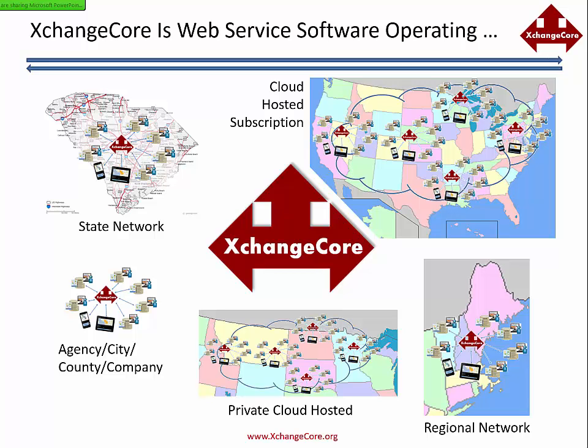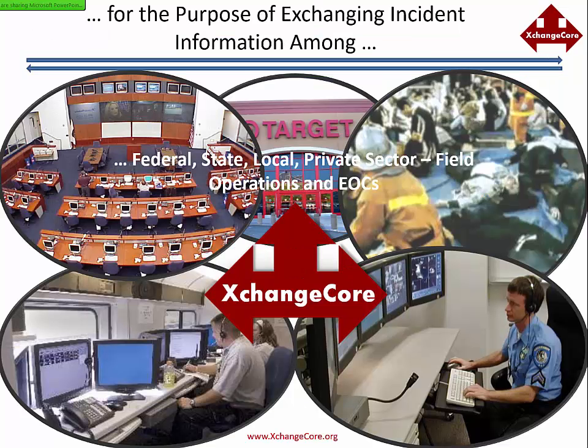And then finally, there are cloud hosted subscriptions. Companies are hosting XchangeCore, and you can be located anywhere, and it becomes a national or even a global implementation of XchangeCore. So software that serves this range of needs, and literally you can put it any place from the computer on your desk up to the cloud.